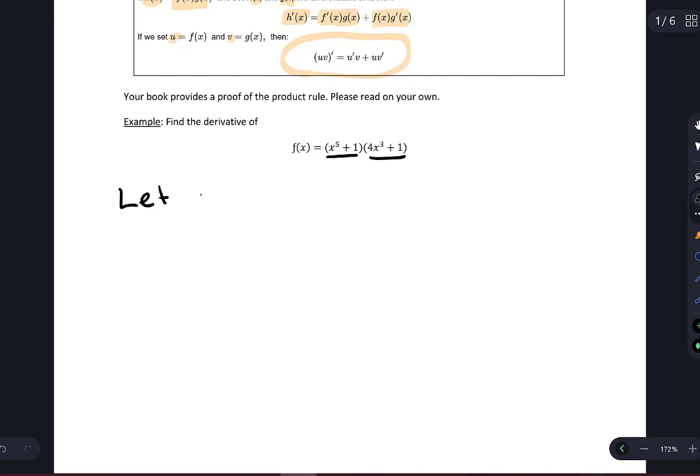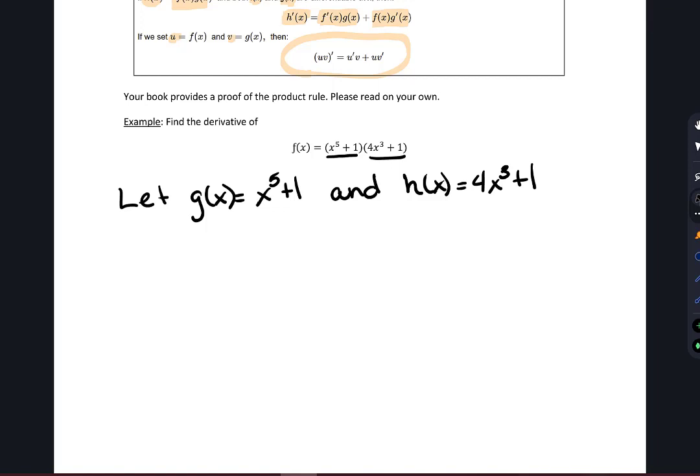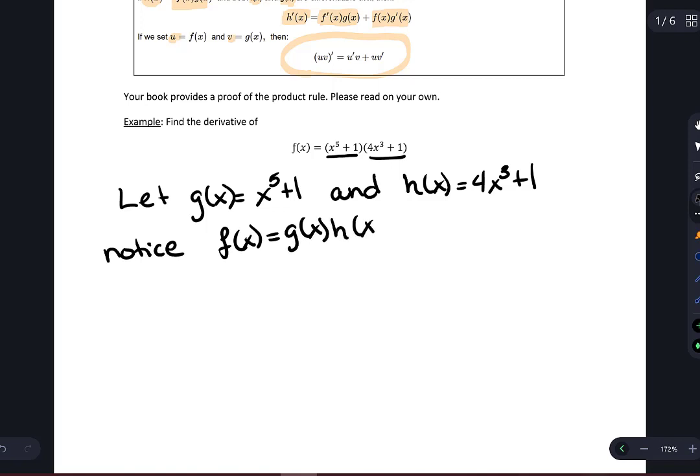I'm going to let g of x be equal to x to the fifth plus 1, and I'm going to let h of x be equal to 4x cubed plus 1. And so notice that f of x is equal to g of x times h of x.